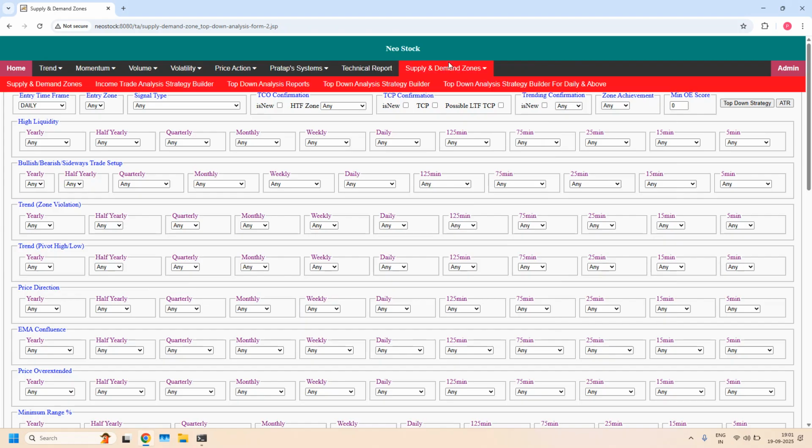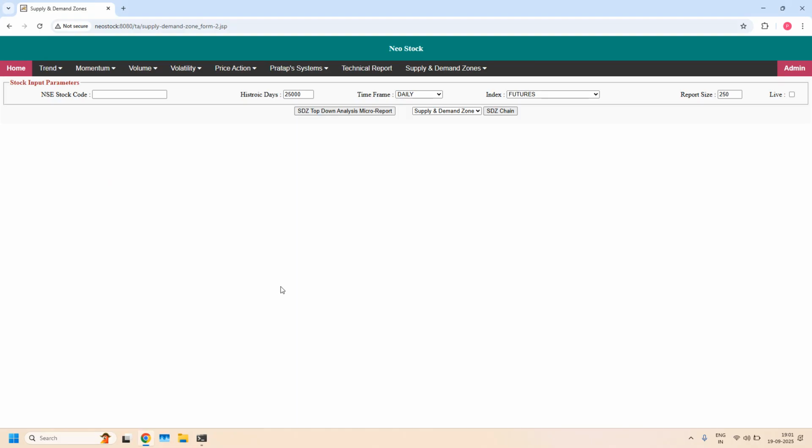So first I will generate NIFTY and BANKNIFTY supply demand zone chain reports. After that I will generate high liquidity zones, bullish, bearish and sideways trade setups, stocks near demand and supply zones for all the time frames, and finally stop buffers based on daily ATR. This is the order I am following.